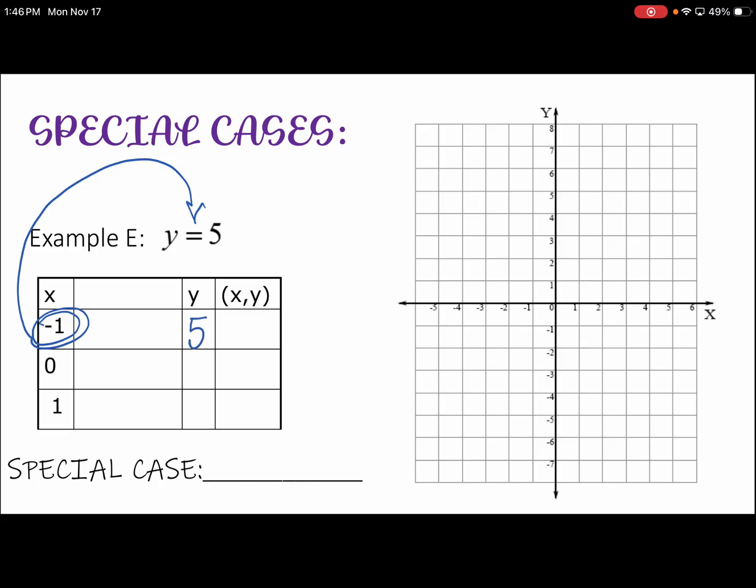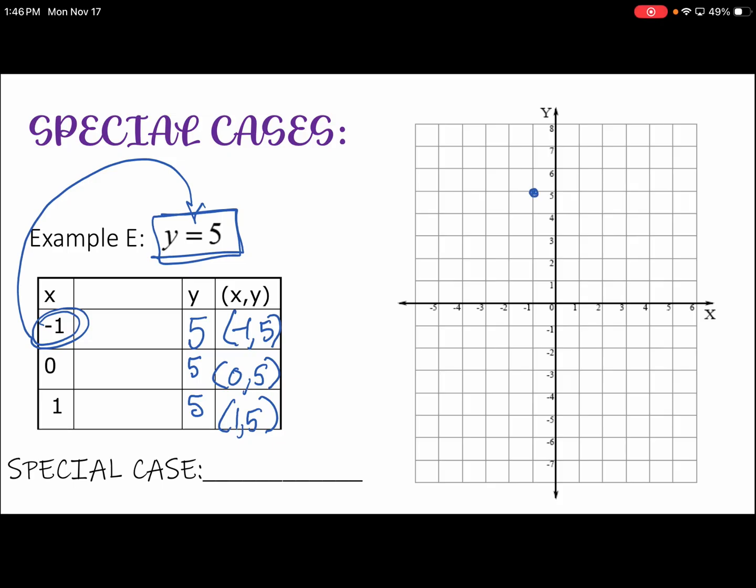Miss Kearns, there's no x. I know, so can I plug it in anywhere? So when I plug in -1 or 0 or 1 or 50, what is y always going to be? This is telling me y is always 5, which is the ordered pair -1, 5, and 0, 5, and 1, 5.